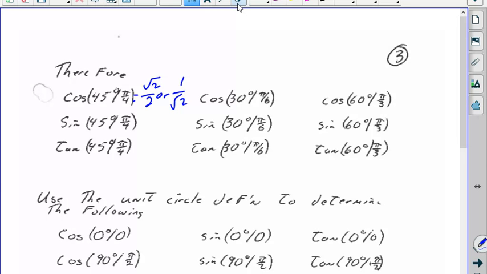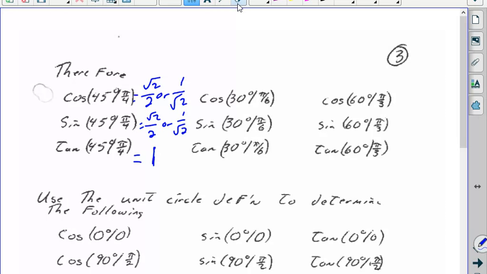Sine of 45 degrees, pi over 4, same thing: square root 2 over 2, or 1 over square root 2. Tangent of 45 degrees and pi over 4 is equal to square root 2 over square root 2, which is 1.